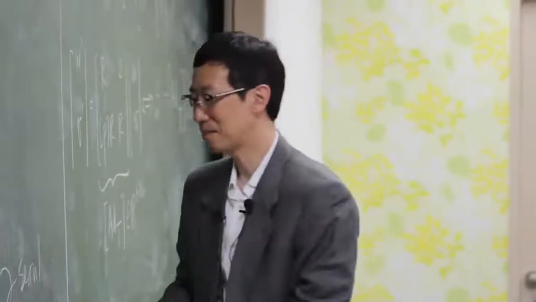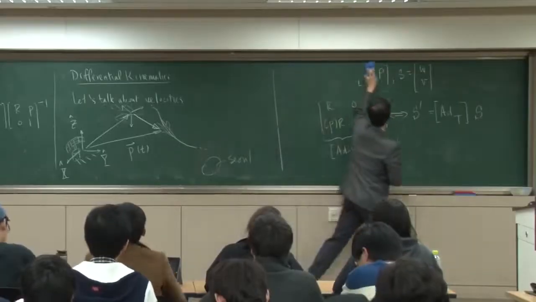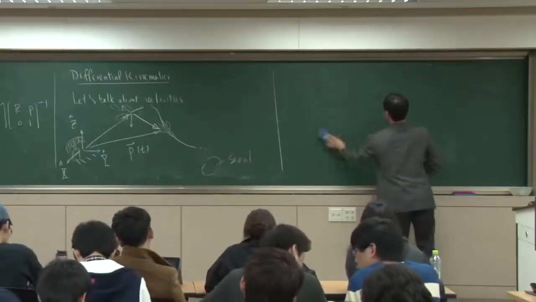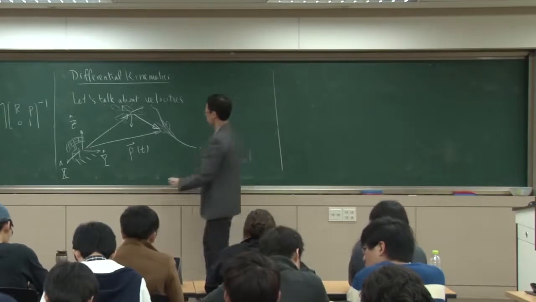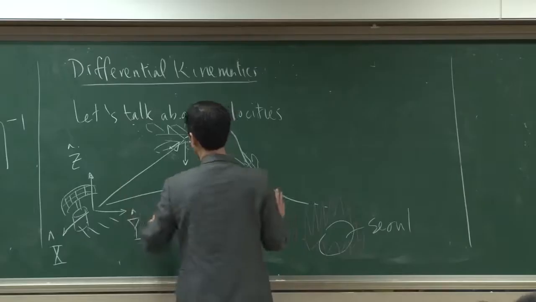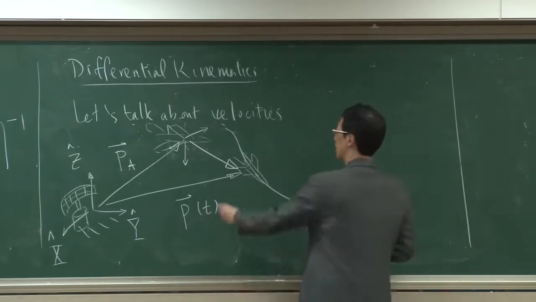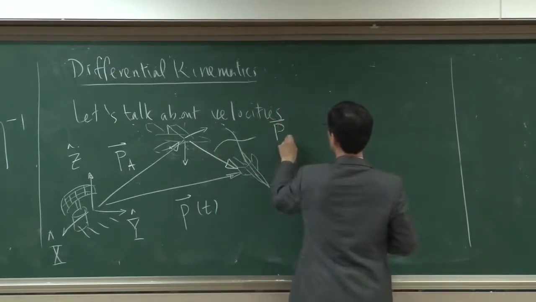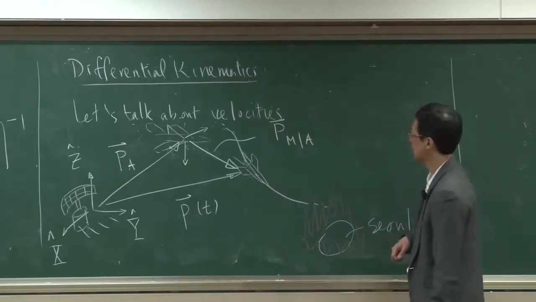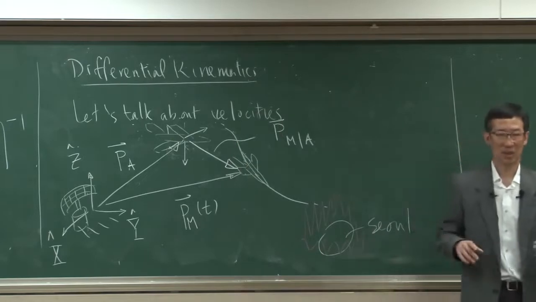Okay, all right, so we want P of t. So let's call this P sub A. Okay, and this vector let's call P sub M given A. Okay, and in fact, let's say this is P sub M. Position of the missile.